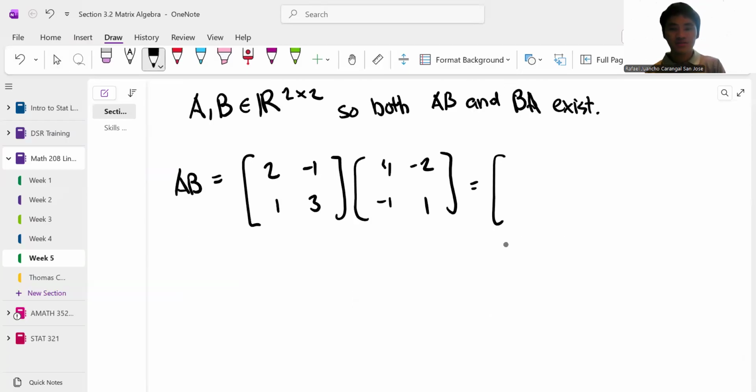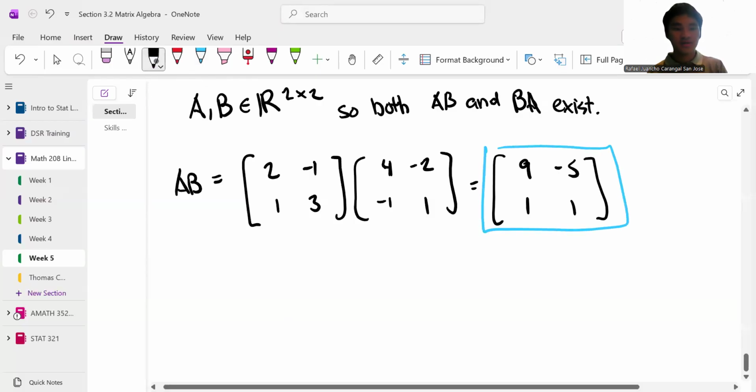So this is 2 times 4, 8, plus 1 is 9. 1 times 4 is 4, minus 3 is 1. 2 times negative 2 is negative 4, minus 1 is negative 5. 1 times negative 2 is negative 2, plus 3 is 1. So I think that should be the answer. So it's 9, 1, negative 5, 1, right?